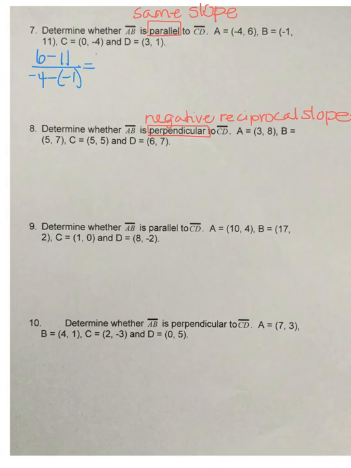So 6 minus 11 is a negative 5, and a negative 4 plus 1 is a negative 3. So this is equal to positive 5/3. Be careful with your signs and make sure that you're plugging them in correctly.